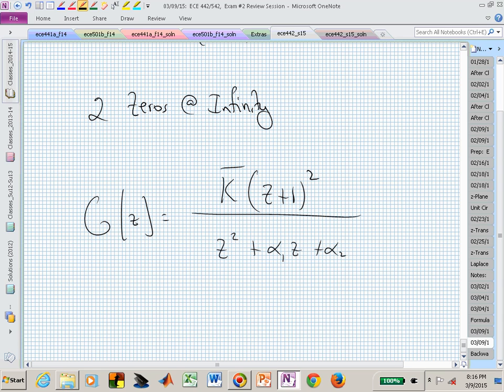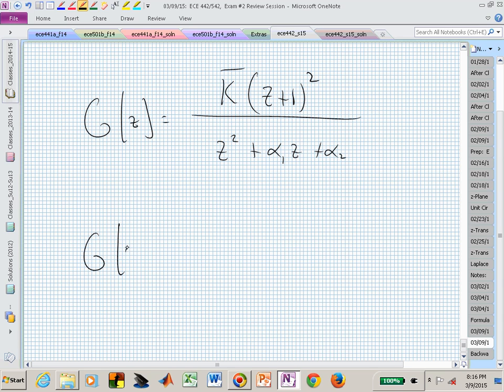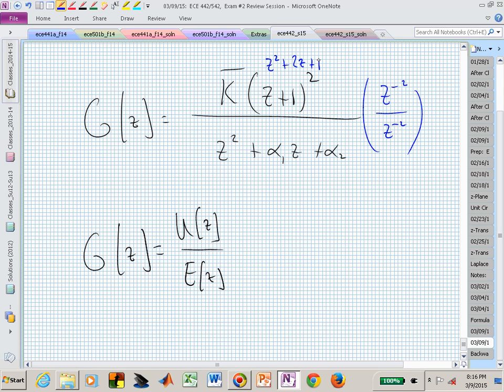If you look at what this is, if we say G of Z is now, let's say U of Z over E of Z, and if we multiplied this by a z to the minus 2, the numerator now is z squared plus 2z plus 1. When I multiply it out, I now have 2 delays, but do you see that the u and the e, when I go into the time domain, my input at the present time will need to be known in order to generate the output at the present time.